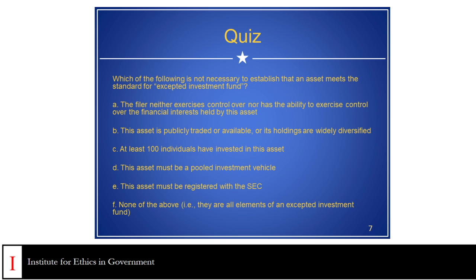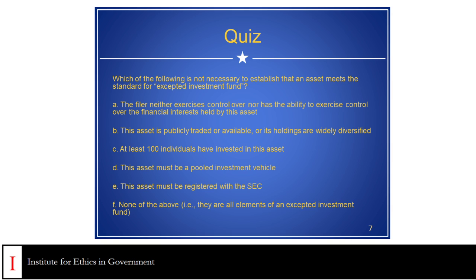Let's take another quiz. Which of the following is not necessary to establish that an asset meets the standard for excepted investment fund? A: The filer neither exercises control over nor has the ability to exercise control over the financial interest held by this asset.